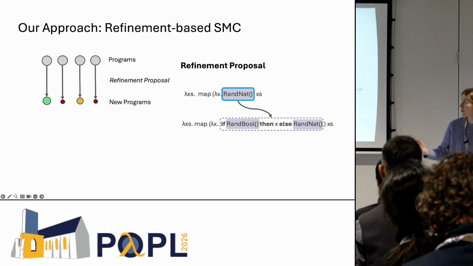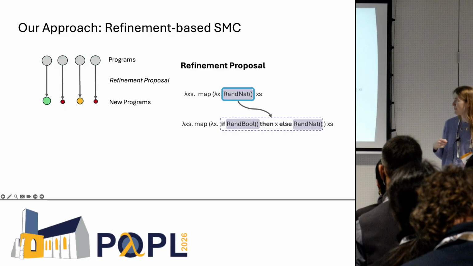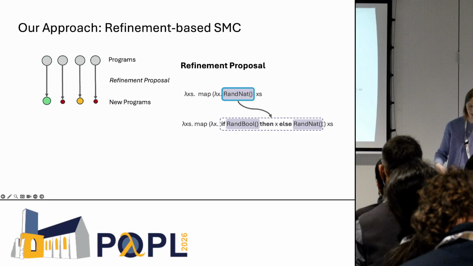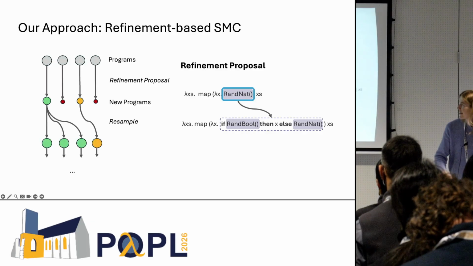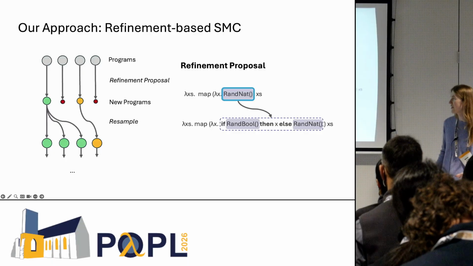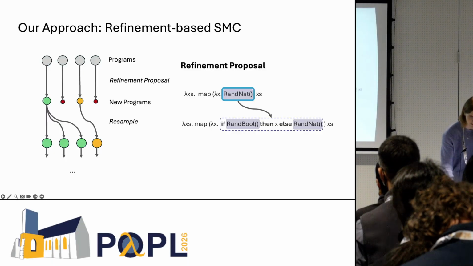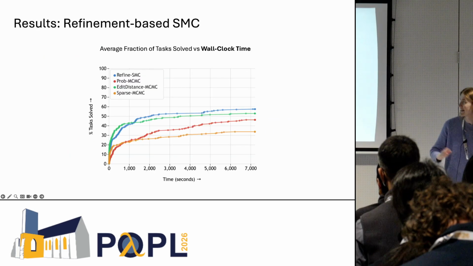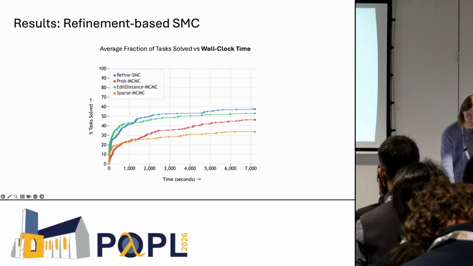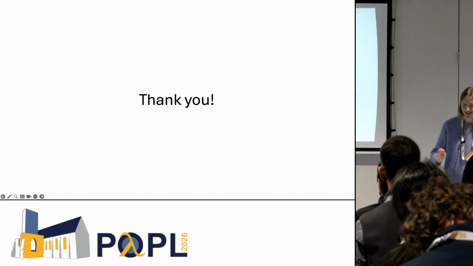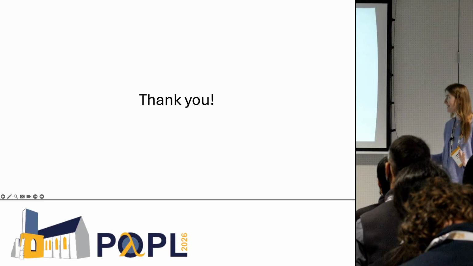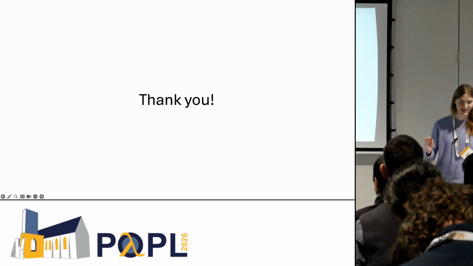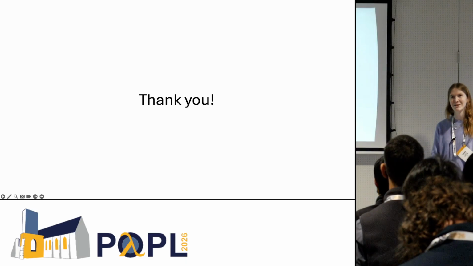We then score our hypotheses with the same likelihood function as before, and finally resample and continue in the normal way with SMC. And indeed, this does end up helping quite a bit. It makes the whole thing around 6 times faster on those benchmarks. And there's lots more details that I'd love to discuss offline. But yeah, thank you so much.